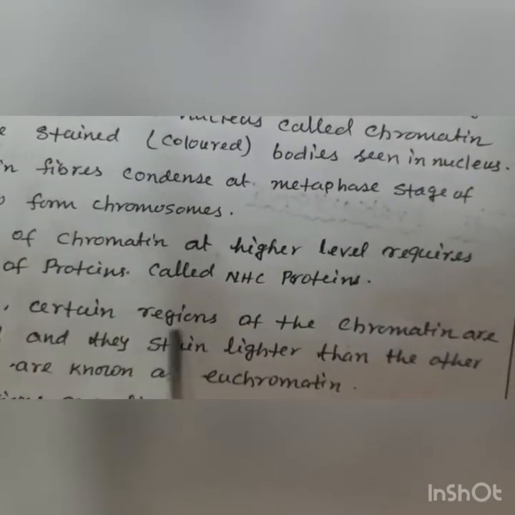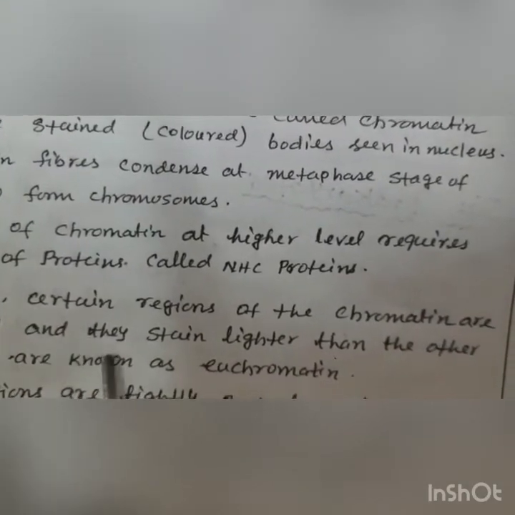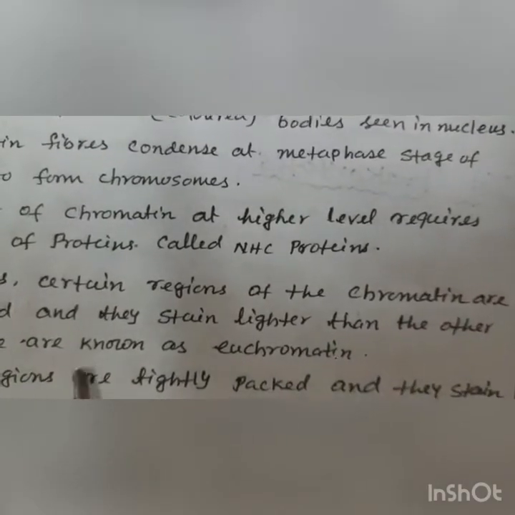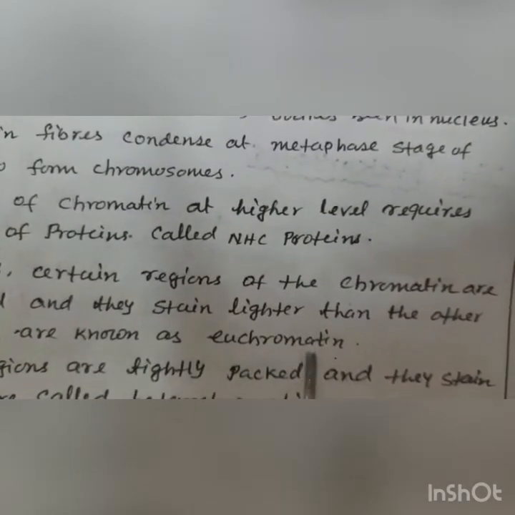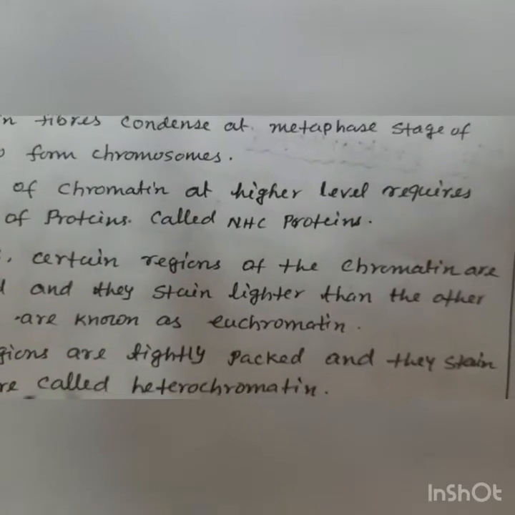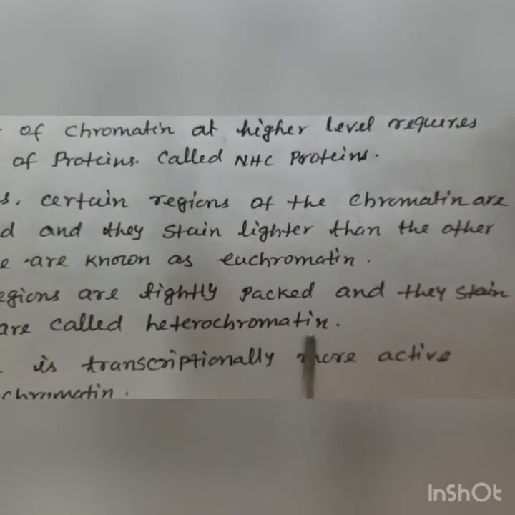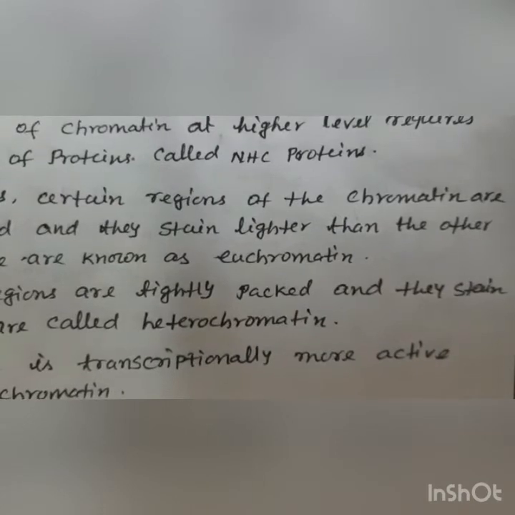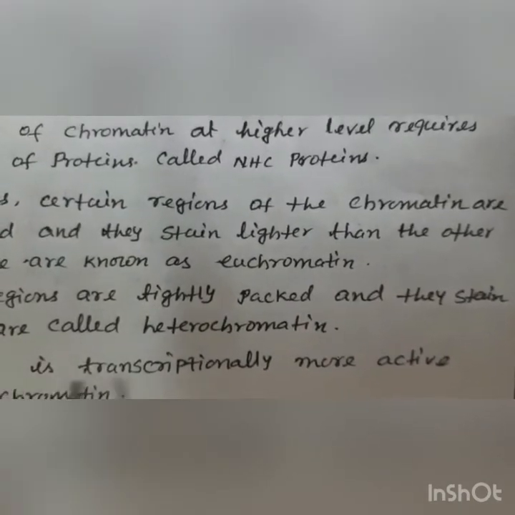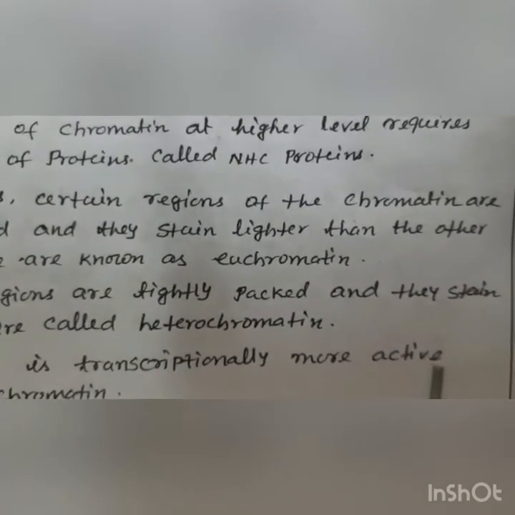In a nucleus, certain regions of the chromatin are loosely packed and they stain lighter than the other regions. These are known as euchromatin. In other regions, they are tightly packed and they stain darker and are called heterochromatin. Euchromatin is transcriptionally more active than heterochromatin.